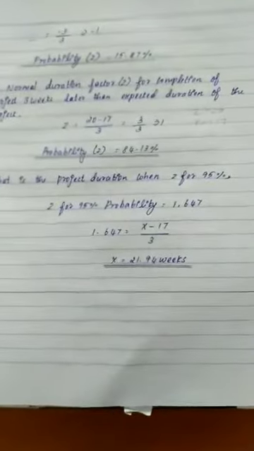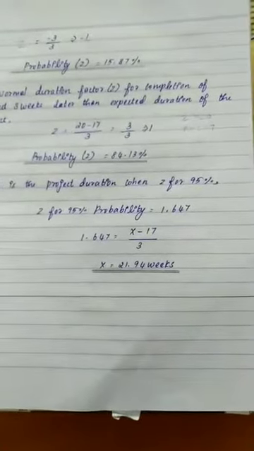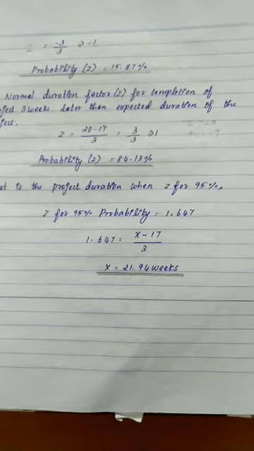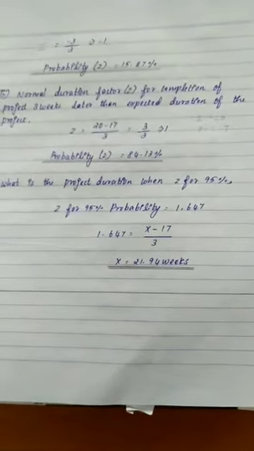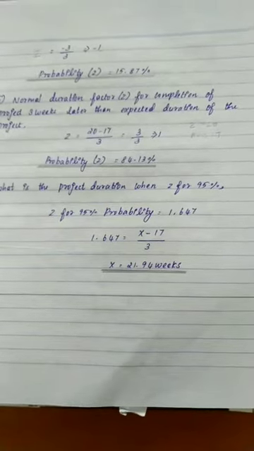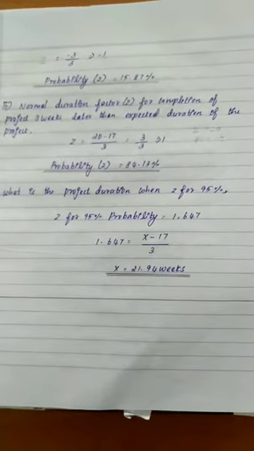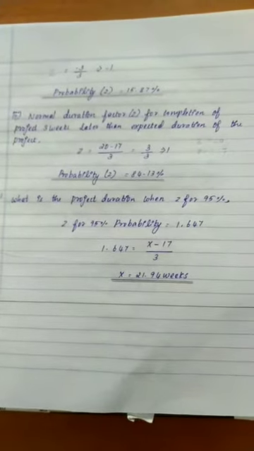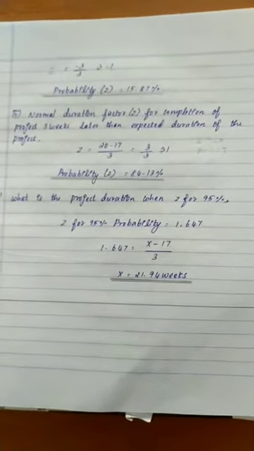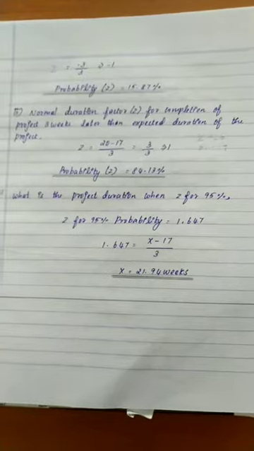With the help of the standard table, we take the value of 1.647 for z. So 1.647 is z, equal to x minus 17 divided by 3, so we get x equal to 21.94 weeks. From that we can easily identify that for completion with 95% probability, it requires 21.94 weeks of time.